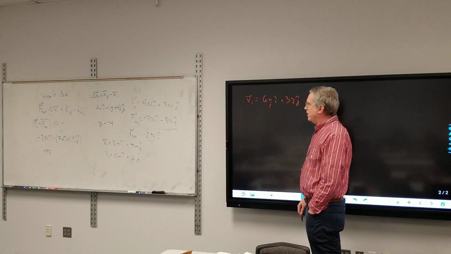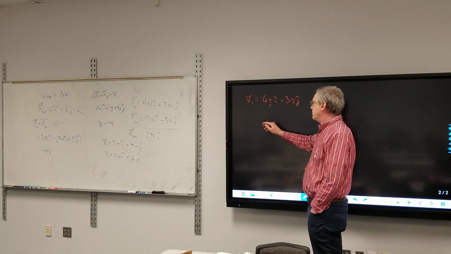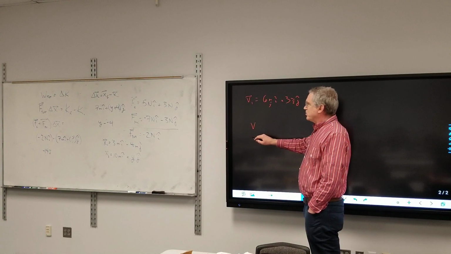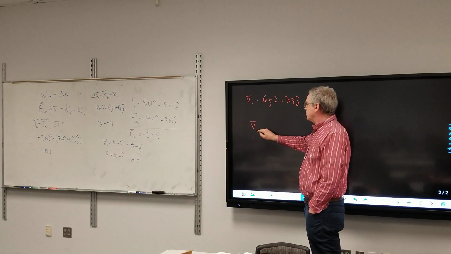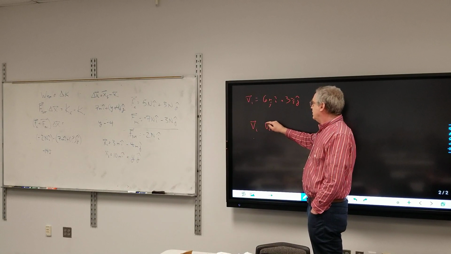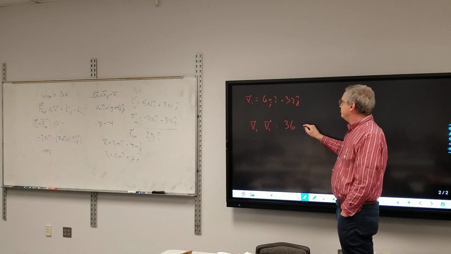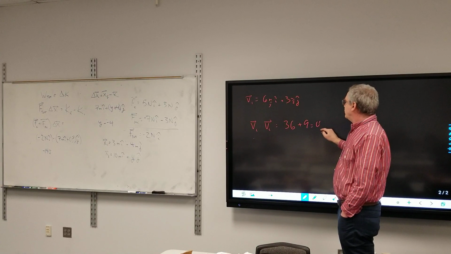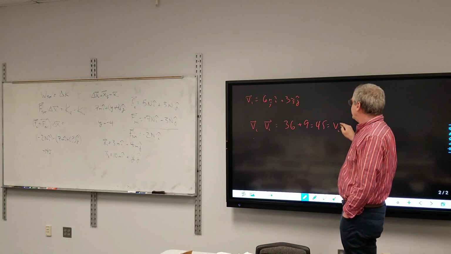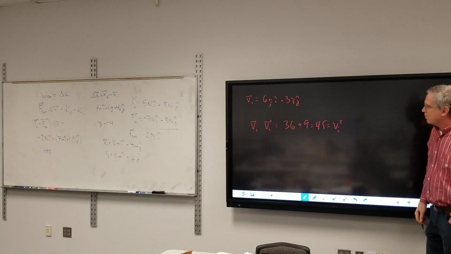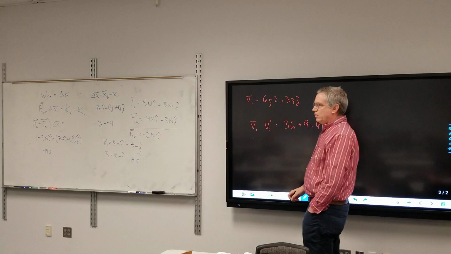After that big deal of I hat and J hat, well, they're perpendicular to each other. Actually, I care about speed squared, which is just VI dot VI. So 36 plus 9 is 45, which is VI squared. Can you find the square root of that?